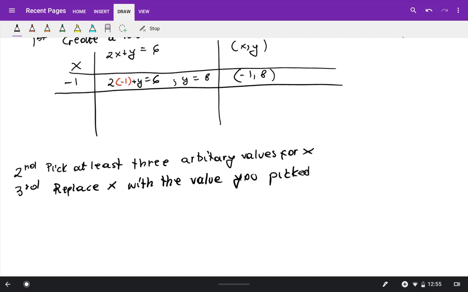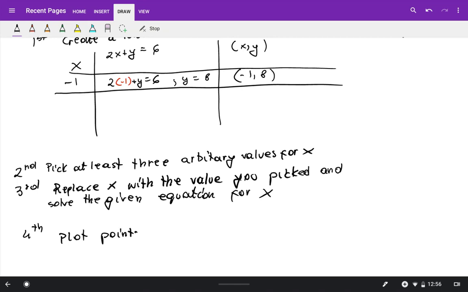And solve the given equation for x. And of course, the fourth step will be plot the points, x, y.